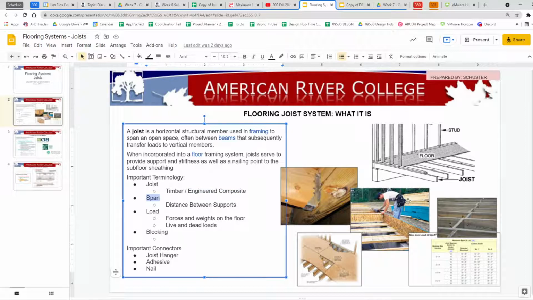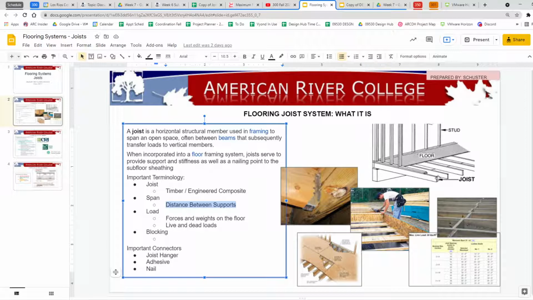Okay, and then the span. The span, there's two ways to think about it. It's the distance between supports. Okay, so the span would be from this end of the joist to the other end of the joist. That's the span.